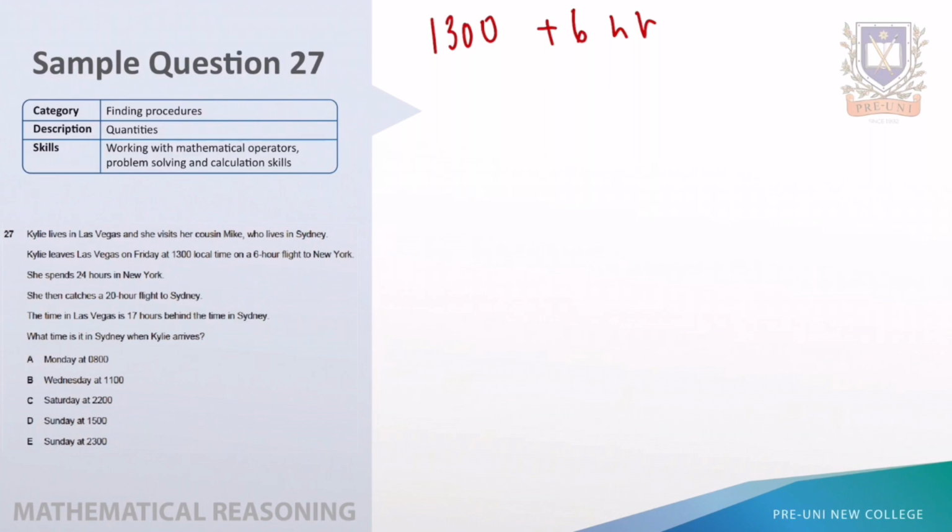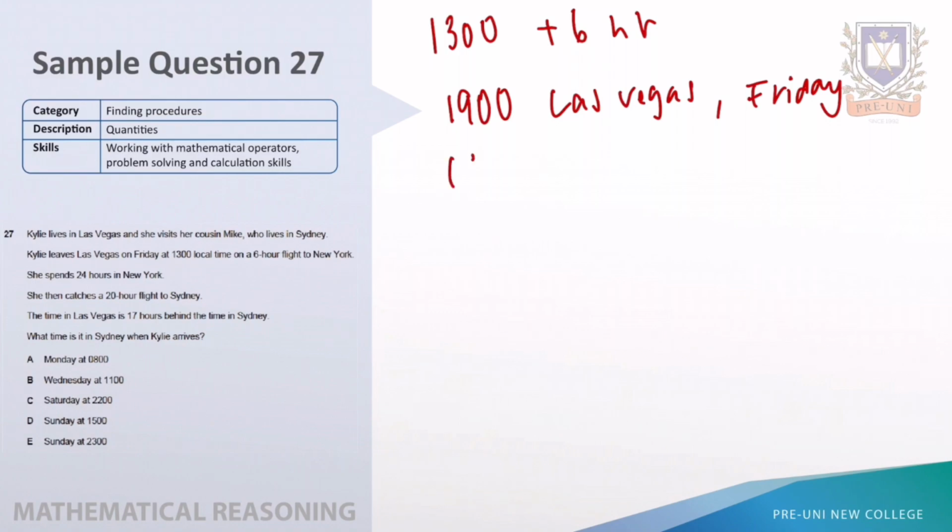So 1300, so 1 p.m. plus 6 hours is 7 p.m. She's in Las Vegas on the Friday. So keep in mind this is all Las Vegas time. So Las Vegas and Friday. And then we know that she stays there for 24 hours. So again, Las Vegas time, but it is now a Saturday.